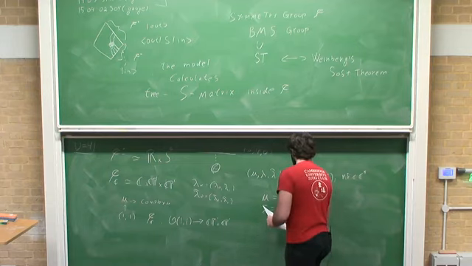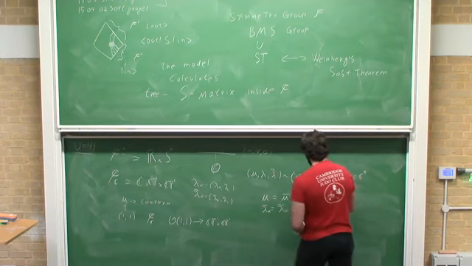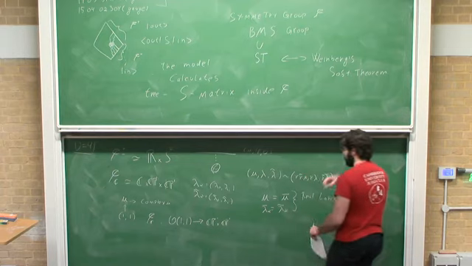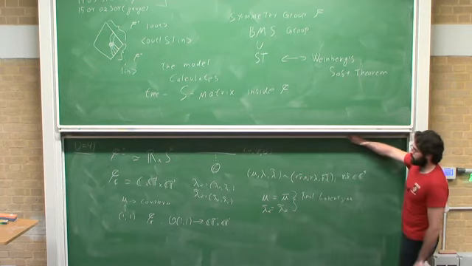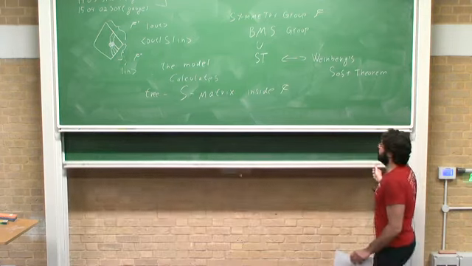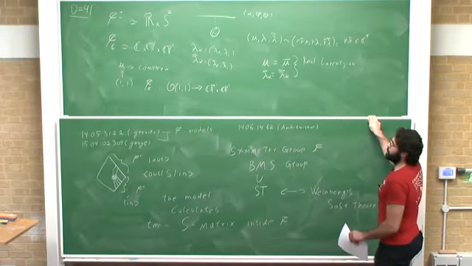This brings you back to real Lorentz. Okay? So this is going to be the target space for the method.